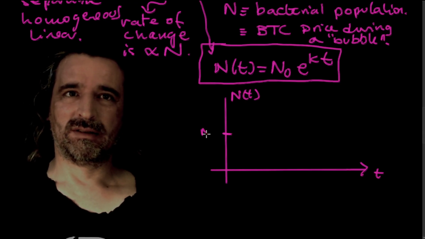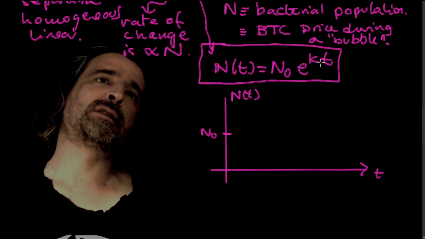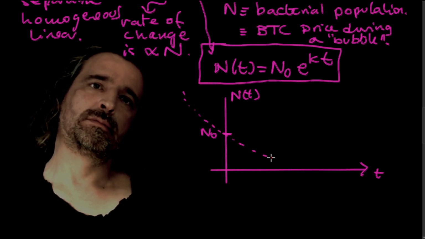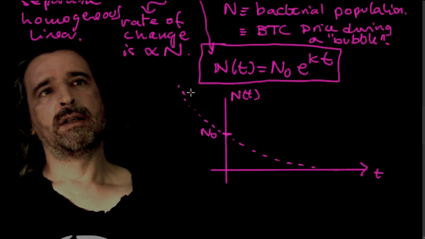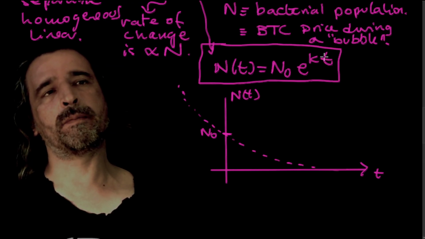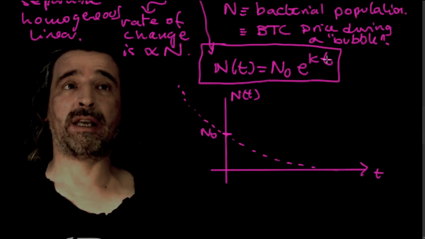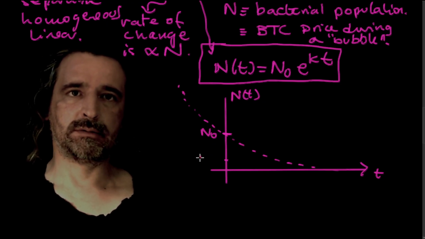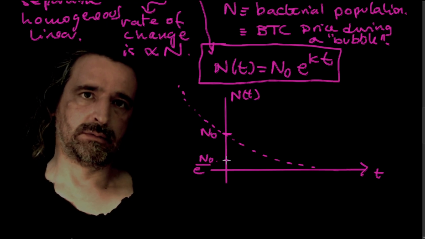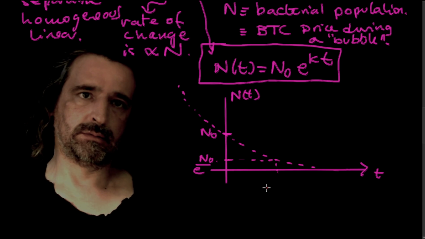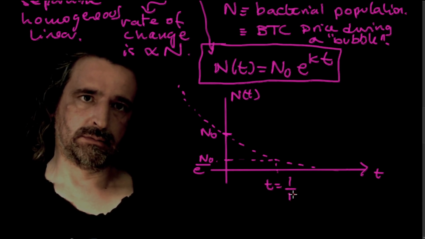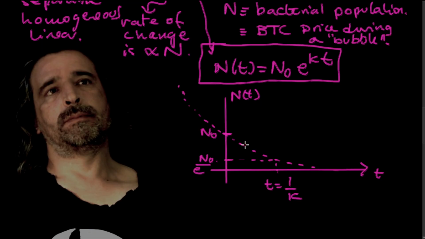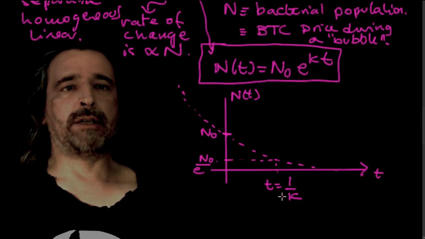So this is n naught. At t equals 0, if k is negative, it's going to decay, right? And at t equals 1 over k, it's going to be n naught over e, provided minus k.